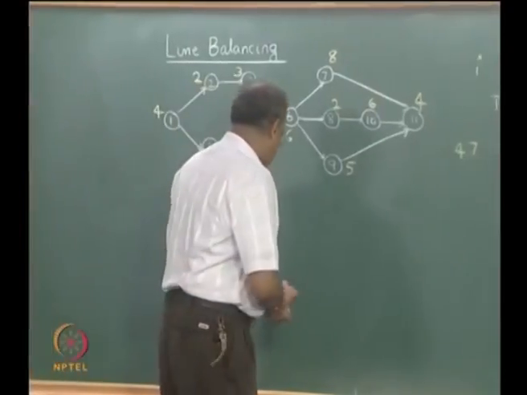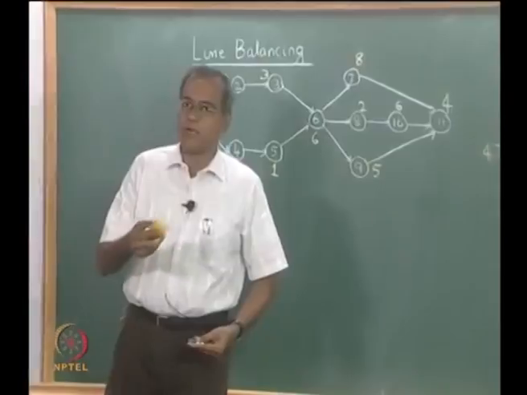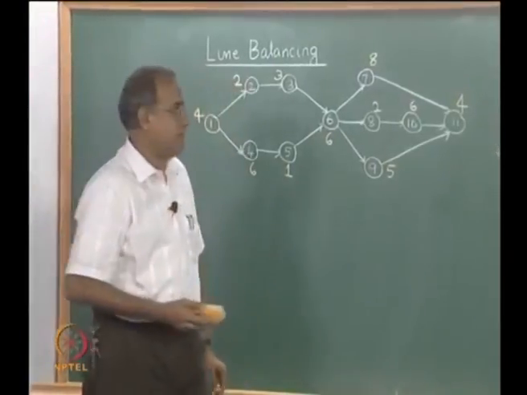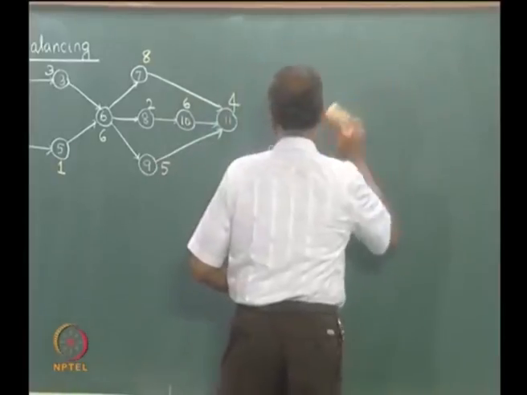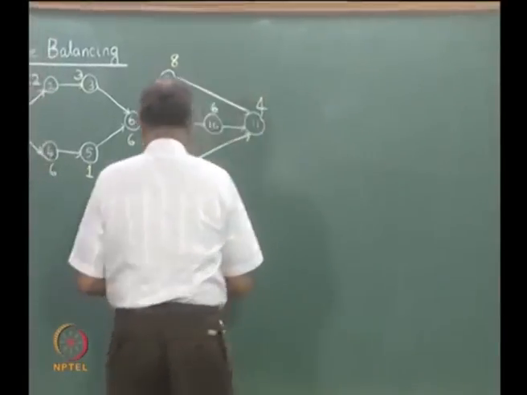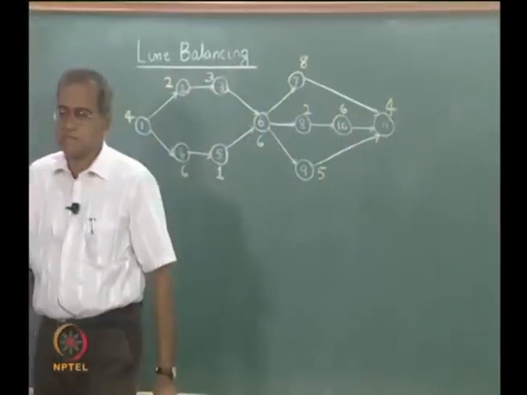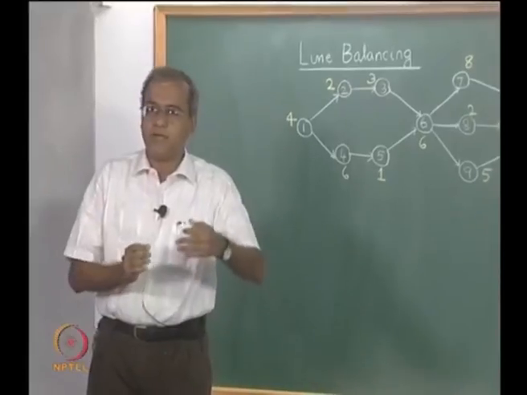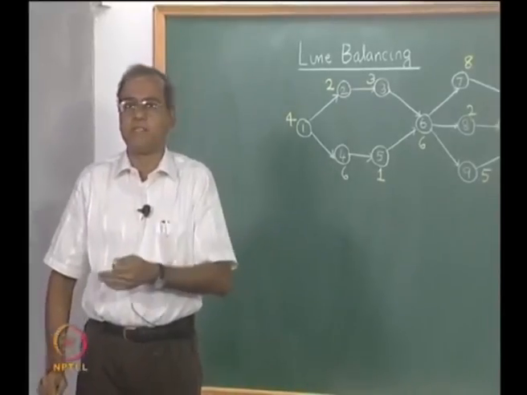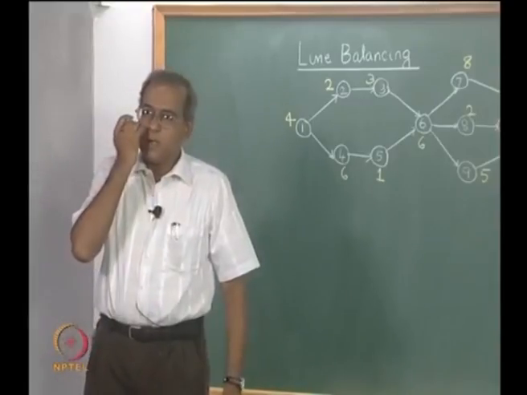So, let us first show a formulation of the line balancing problem, and then we would look at a couple of solutions to it. Now there are 11 tasks, so we could say that there can be a maximum of 11 workstations or 11 benches, one for each.